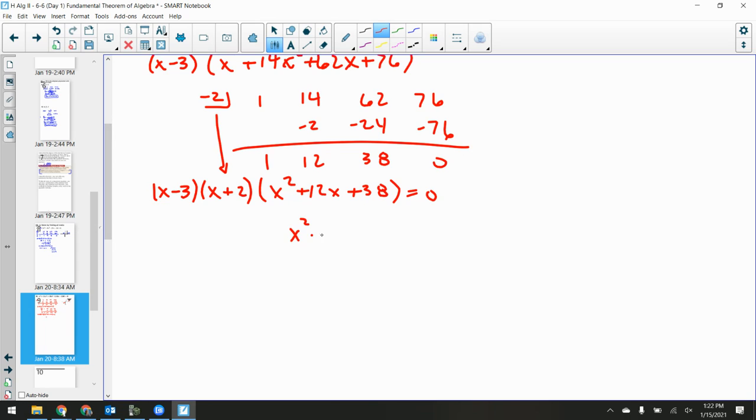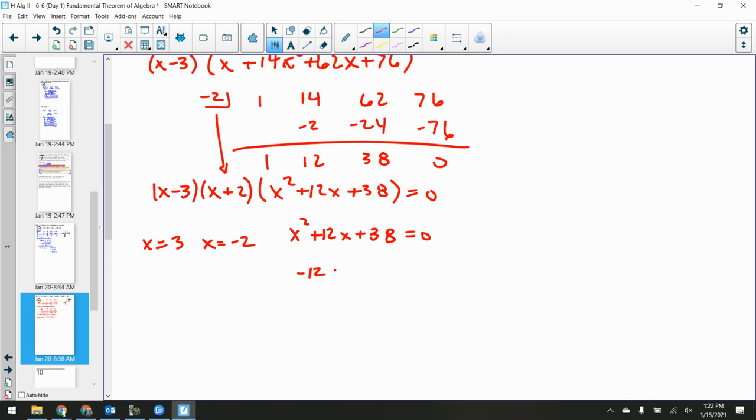So I've got x squared plus 12x plus 38. And I've got x equals 3 and x equals negative 2. What do you guys want to use? Quadratic formula, complete the square. Synthetic division. Oh wait, it doesn't work here, does it? You're right, it doesn't work. What can I use? Or what do you want to use? Quadratic? Okay. Lame.